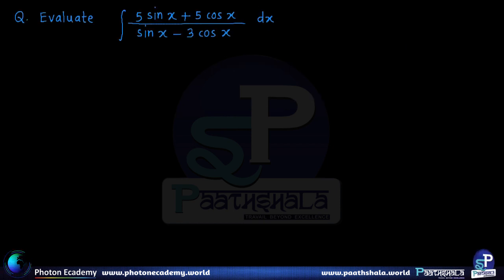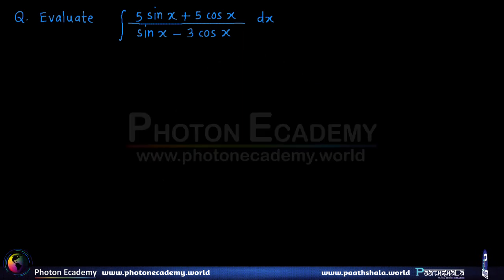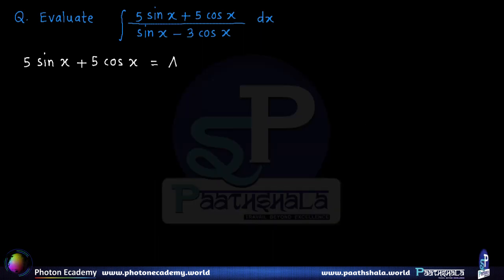Evaluate integral of 5 sin x plus 5 cos x upon sin x minus 3 cos x. So here we write the numerator first, that is we have to express 5 sin x plus 5 cos x as a into derivative of the denominator.